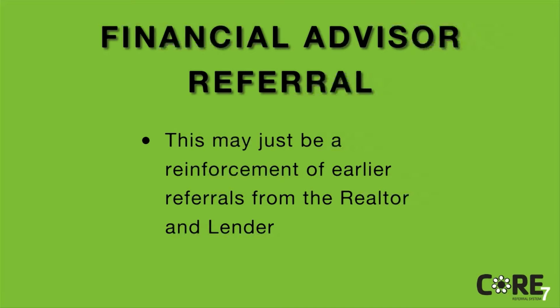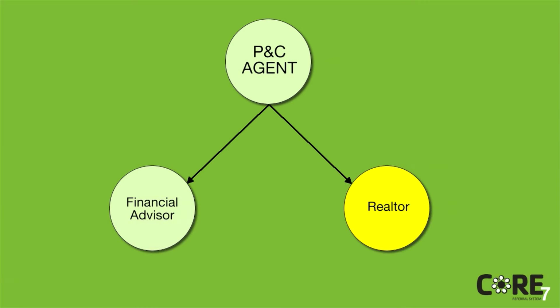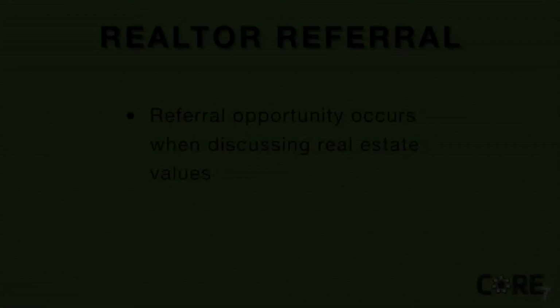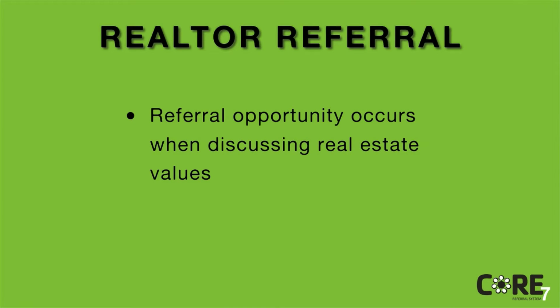Mark, what about the second primary target for the PNC agent? The secondary primary target is the real estate agent. The key here is for the property and casualty insurance agent to remember each and every time they get to the section on their fact finder that discusses real estate values, that they are asking about property values, which is critical in calculating net worth.